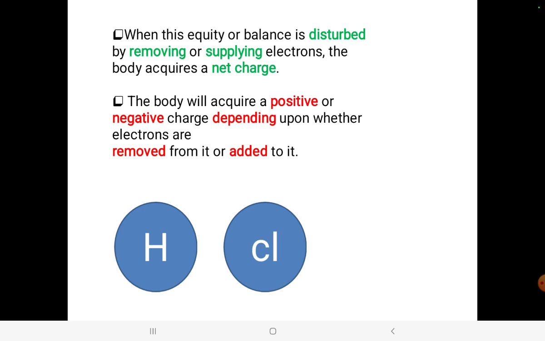Similarly, that electron will be captured by the chlorine. So chlorine takes one electron from hydrogen, which means it gets additional negative charge, so the net charge of the chlorine becomes negative. So by sharing of the electron, hydrogen gets a positive charge and chlorine gets a negative charge.